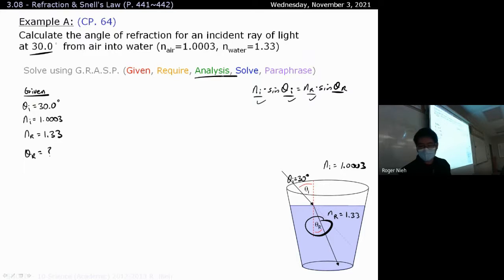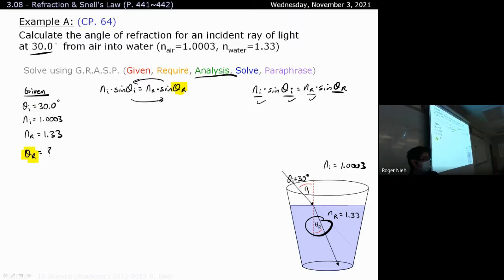This is showing the reader what formula you're going to use to solve for this. Once again, I'm going to rearrange it for you in real time. So you have Ni times sine theta I is equal to N subscript R times sine theta R. So we're trying to solve for theta R. Again, the variable you're trying to solve for needs to be on the left-hand side to be grammatically correct.